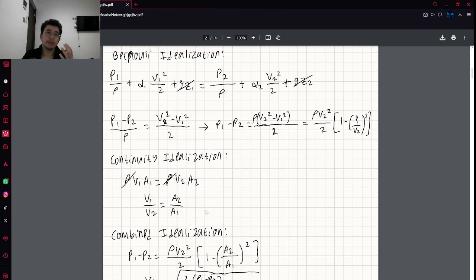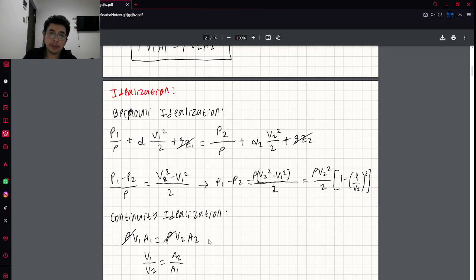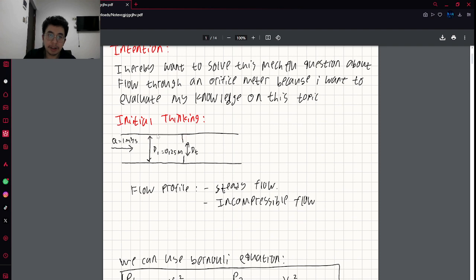We can use the conservation of mass equation, which is, I forgot the English for massa jenis, wait a minute. Yeah, rho times v, which is the velocity of the flow, times the area of the flow. Basically, the area of this part right here.